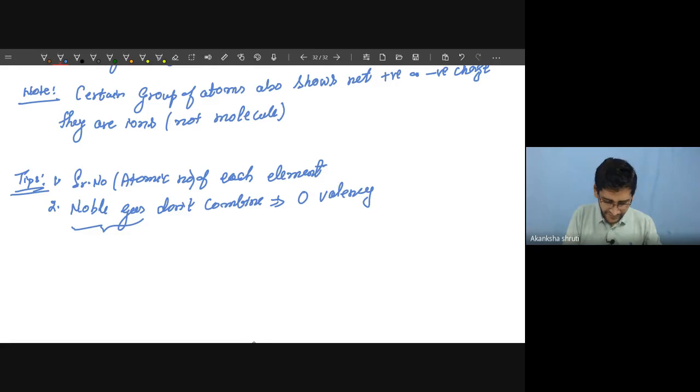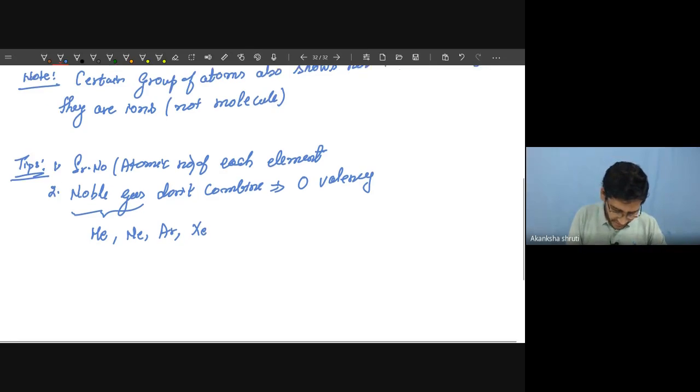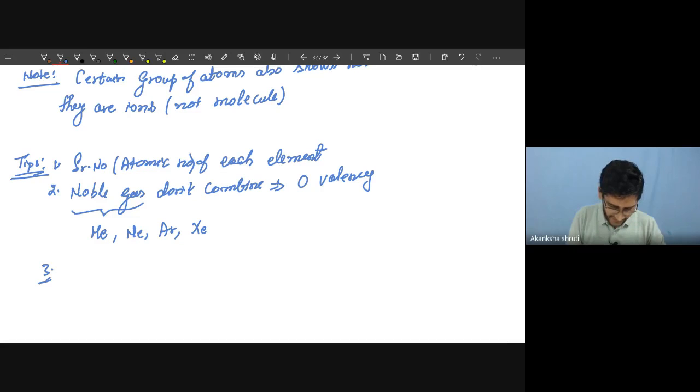They are helium, neon, argon, xenon. Okay, students, the third point is that elements just before these noble gases have the tendency to gain electrons or to become negative ions.